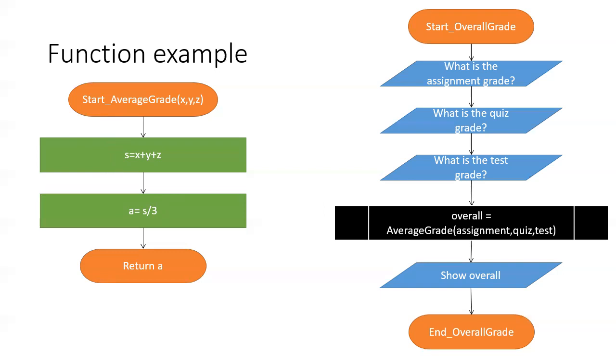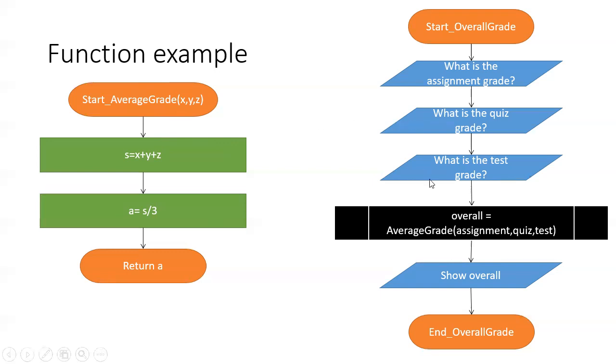What happens inside there? Well, what happens inside is three variables come in, X, Y, and Z. Now here they're called assignment, quiz, and test. But here inside the function, they're called X, Y, and Z. So these are local variables. That came up in your quiz, or your test. You remember that? A lot of you got a question about local variables. The local variables are only used inside the function. And remember, we talked about memory in the computer and the memory stack.